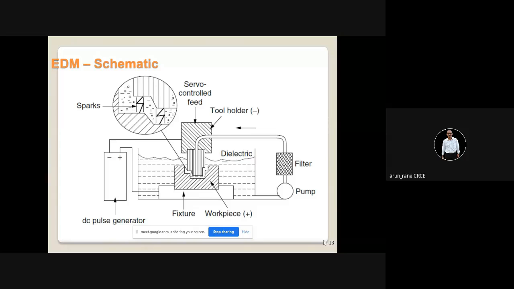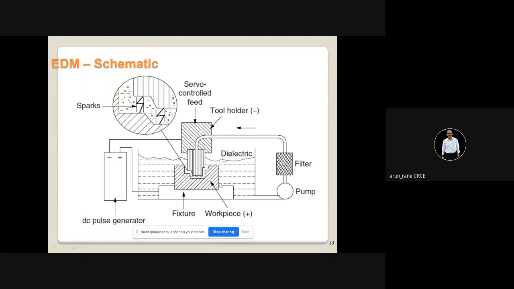Now the dielectric channel is in the center of the electrode. Since the dielectric is kerosene or demineralized water, it is expensive and it is always recycled.